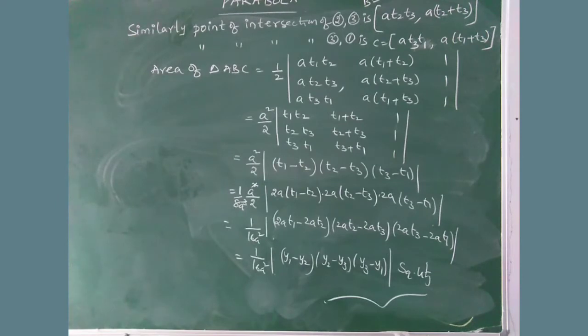Area of the triangle formed by the tangents drawn at particular points to the parabola y square equals 4ax is 1 by 16a square into modulus of (y1 - y2)(y2 - y3)(y3 - y1). Even in the last class also, I gave you one beautiful problem, which is the common tangent. Do you remember that? Common tangent to the parabolas. So both are very, very important.